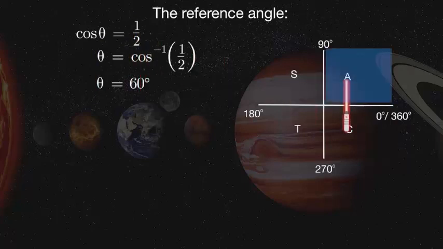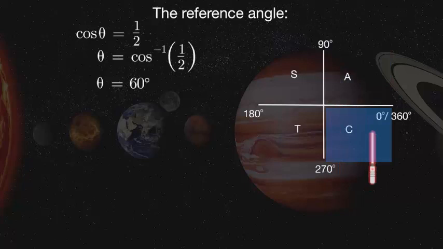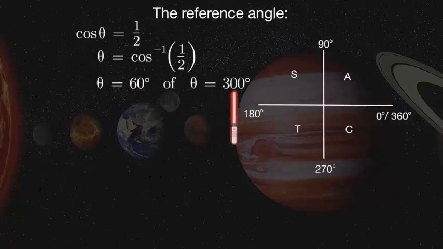We already worked out that angle. And now we have to work out the angle in quadrant 4, between 270 and 360. So all that we do is we take this critical point and we minus the reference angle. So 360 minus 60 gives us 300 degrees, and therefore our other angle for theta is 300 degrees.